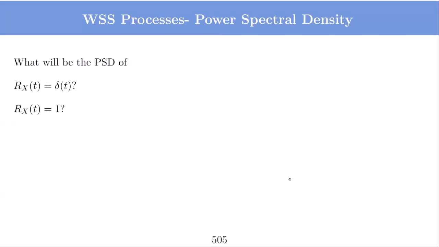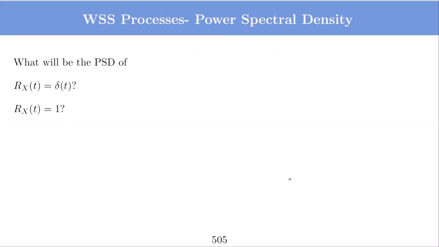And for the second example, if we look at Rx(t) equal to 1, what is the spectral density in that case? In that case, the PSD is a delta. So it means there is a DC component at zero frequency here, right?